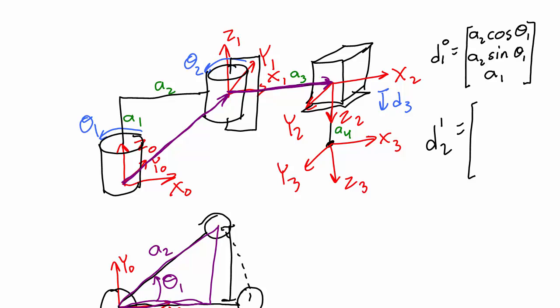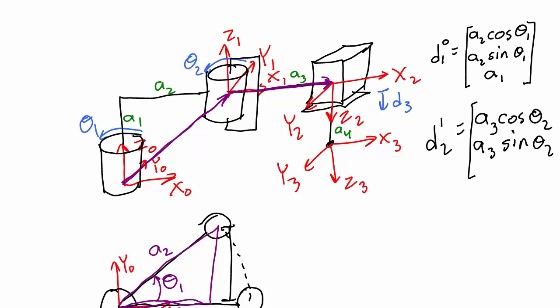The x displacement from frame 1 to frame 2 will be equal to the link length A3, which is the hypotenuse in this case, times the cosine of theta 2. Similarly, the y displacement will be the length A3 times the sine of theta 2.